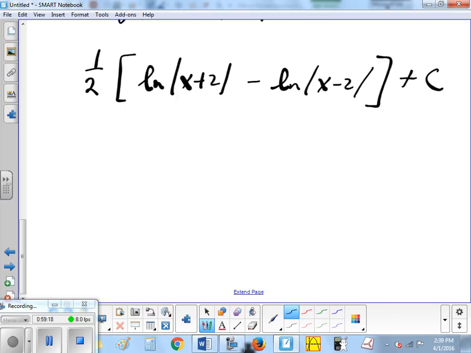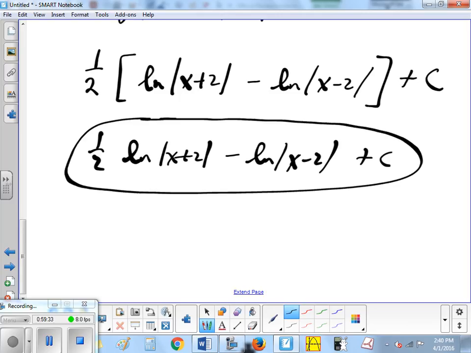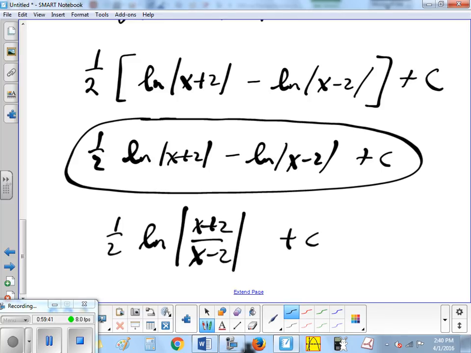Okay, so you can put those together if you want to. So you can write your answer like this. That's one way to write it. Or you can leave the half out front and collapse everything into one log. I do think the absolute values are important though, so keep them there, regardless of which way you do it.